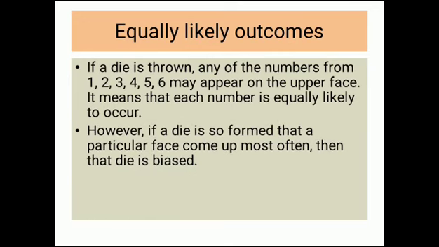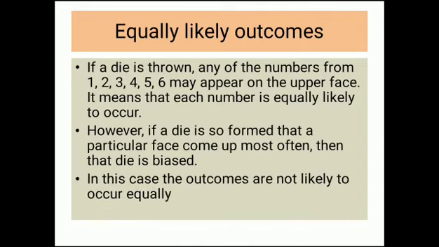However, if a die is so formed that a particular face comes up most often, then that die is biased. In this case, the outcomes are not likely to occur equally.